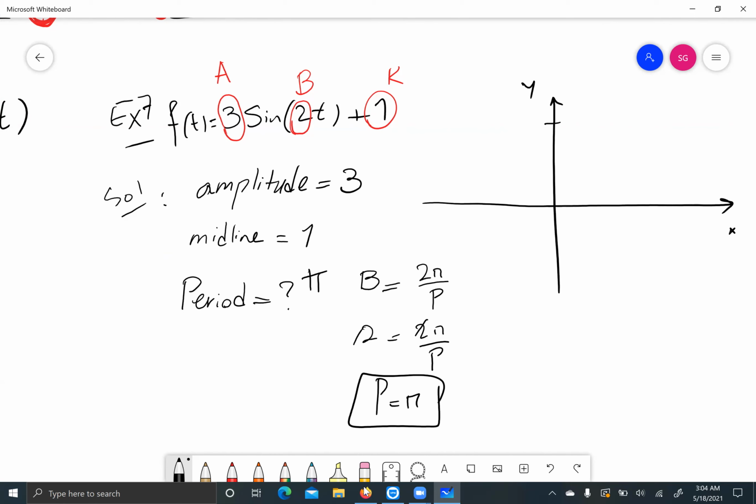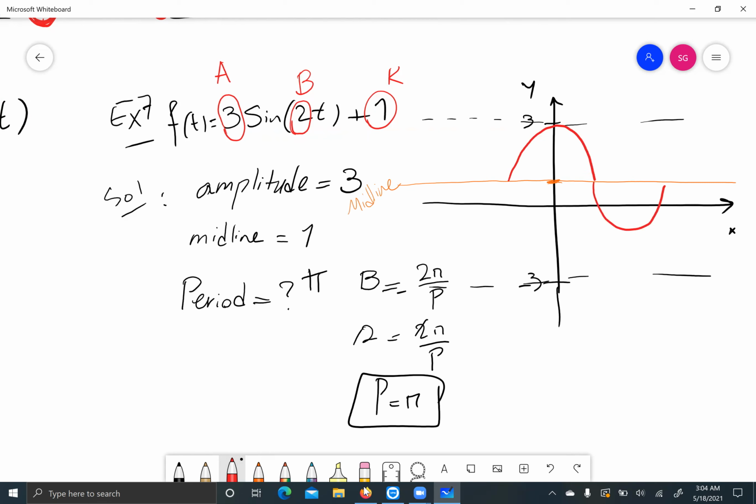If you want to draw it, the graph is going to be like this. It oscillates between 3 and -3. And the midline is 1. Let me draw the midline because there is a vertical shift. So this is the midline. And this is a cosine function, so it's going to look like this.